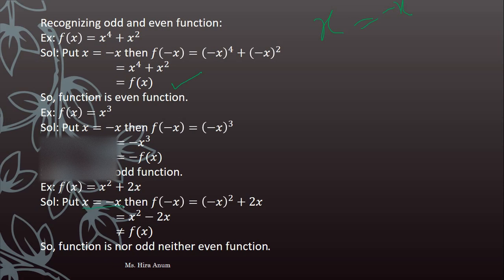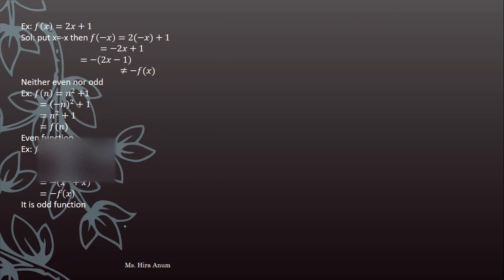You can see another example, f(x) equals x^2 plus 2x. You put minus x, then f(-x) equals (-x)^2 plus 2(-x), which becomes x^2 minus 2x, which is not equal to the function value. So this is not an even function, not an odd function. f(x) equals 2x plus 1.